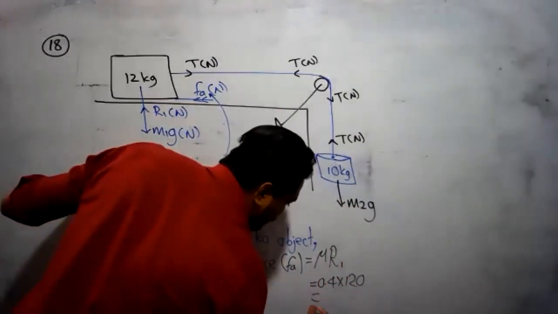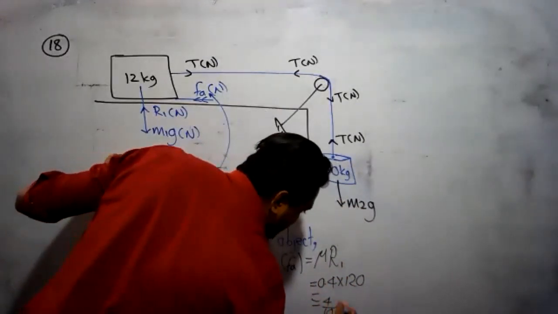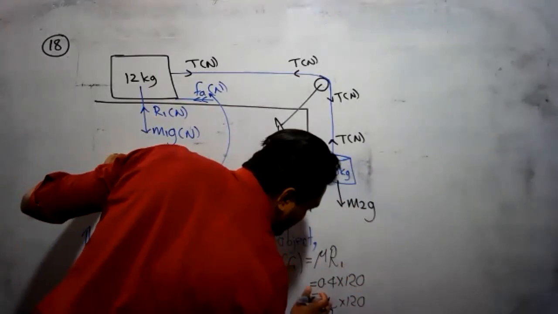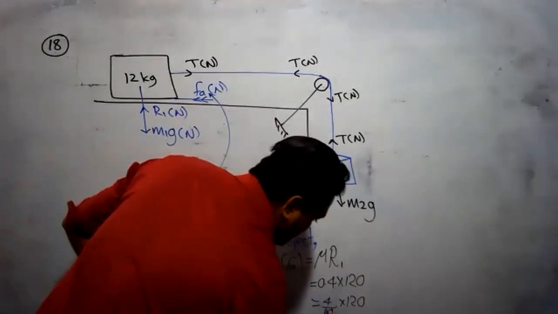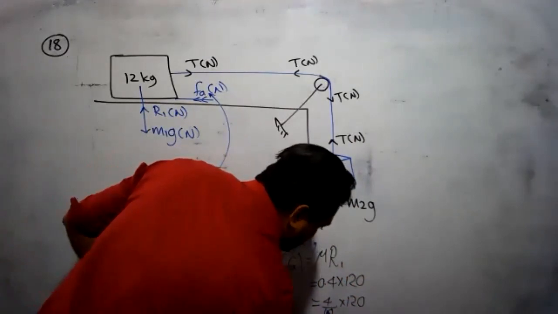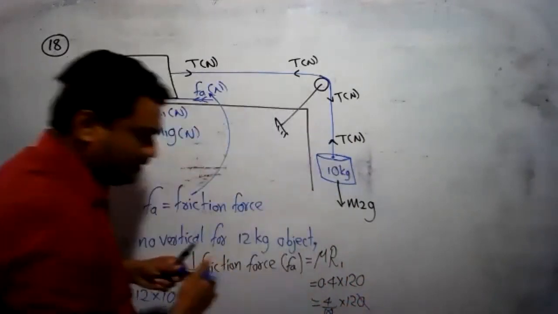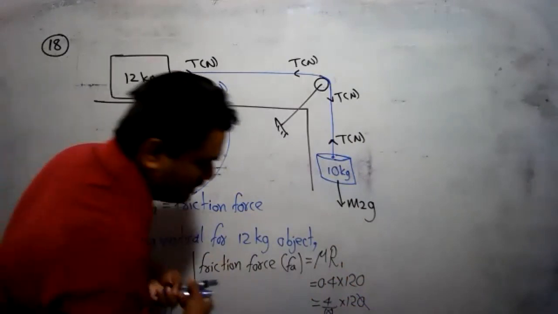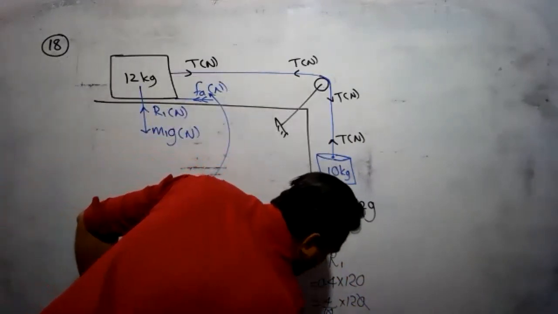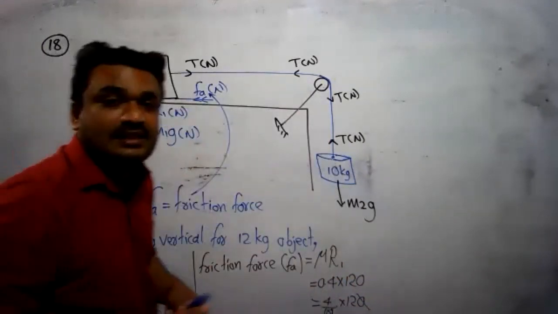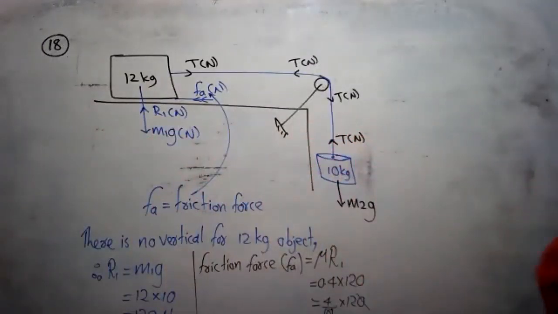So 0.4 can be written as 4 by 10. This is 120. Then what will happen here? This 0 and this 0 can be cancelled out. So what are the remaining terms then? 4 times 12 is 48. So the friction force is found as 48 Newton.